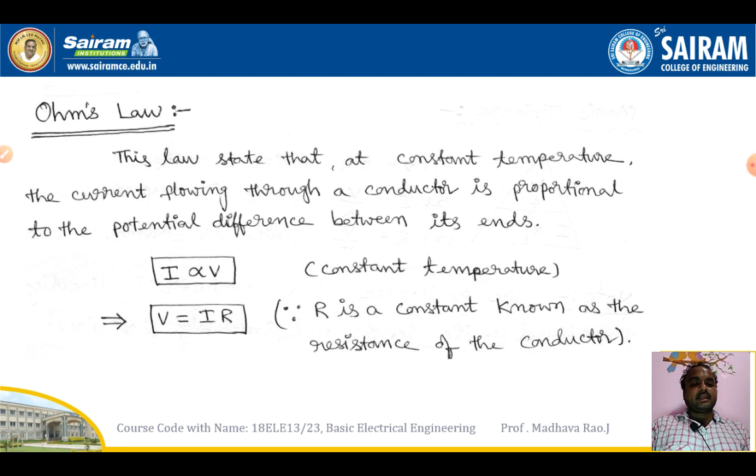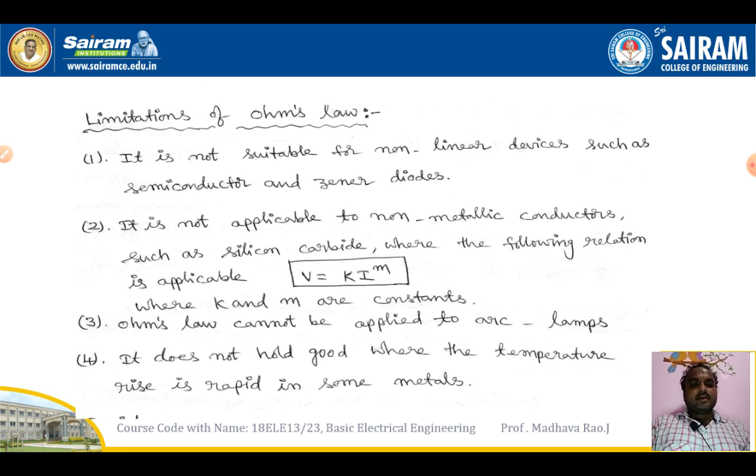Next we will see the limitations of Ohm's law. Ohm's law is suitable for only some conditions. So why is it not suitable, and what are the limitations? Here we have 4 points. First, it is not suitable for non-linear devices such as semiconductors and Zener diodes.